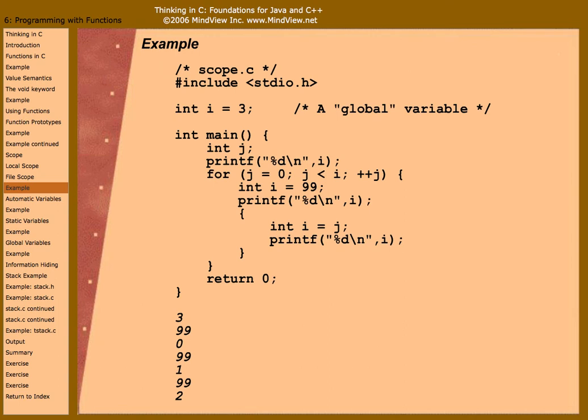So that's the 0 that gets printed out. Now I'll cycle on the loop, and j will get bumped up to 1, but that first i inside the loop is 99, and then the second one will be the loop index again, which is 1, and so it goes in that pattern. Bottom line, an identifier always refers to the deepest definition, and if you define an identifier with the same name as one in an enclosing scope, you hide the one in the enclosing scope.